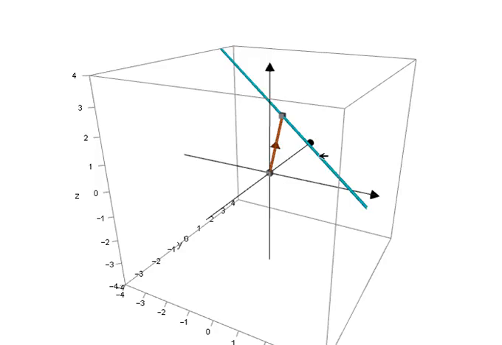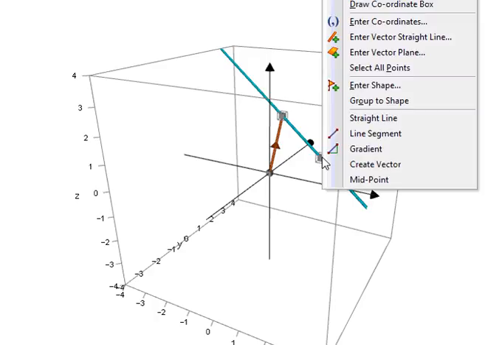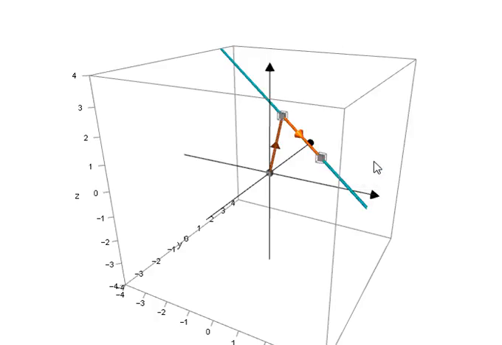The next thing I need is a vector that describes the direction of the line. So I pick another point on the line and I create a vector from the fixed point to another point on the line.